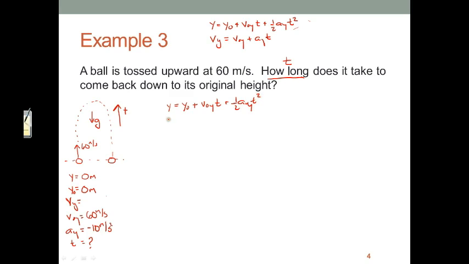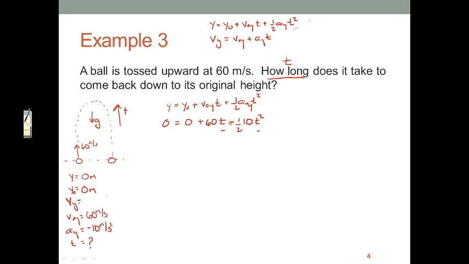Okay, y is 0, y naught is 0, v naught is 60 meters per second upward, so that's a positive 60, and the acceleration is a negative 10, so I pulled the minus sign out in front. There we go. Now notice, this term and this term both have t's in them and everything else is 0.